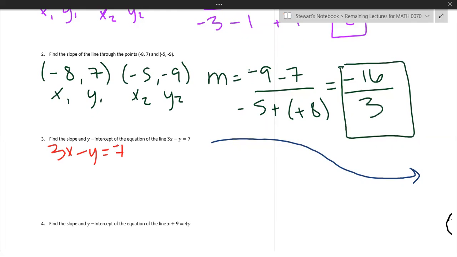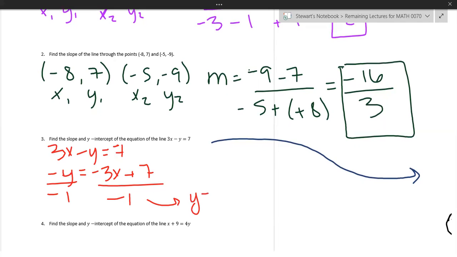So we want to get y by itself. So I'm going to subtract 3x from both sides. So we have negative y is equal to negative 3x plus 7. Now all that I have to do is divide all the terms by negative 1. So we're left with positive y, which is what we need, is negative 3 divided by negative 1, which is just 3. So 3x minus 7.